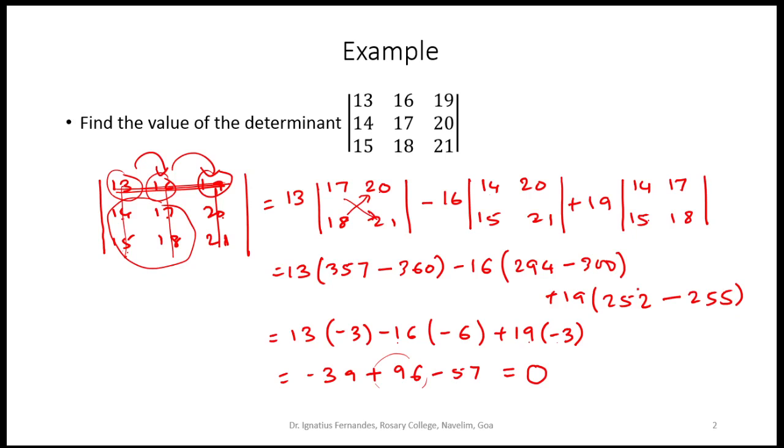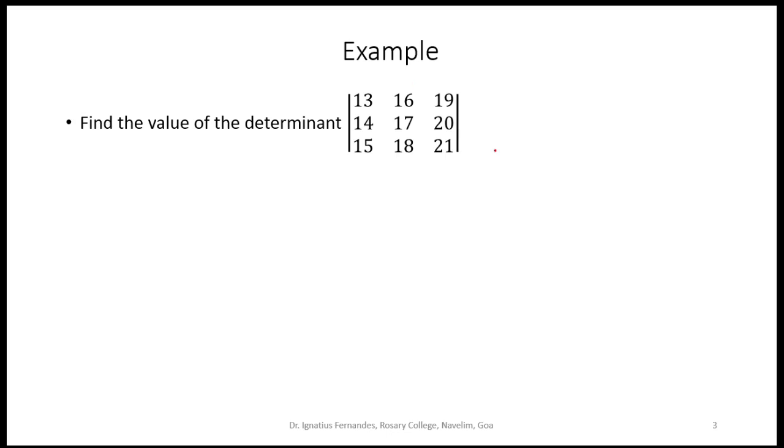If I go by the properties, let us say I have R1 here, R2 here, R3 here, and this is column 1, column 2 and column 3. The last property that we discussed in the previous module is that whatever arithmetic we carry out between the corresponding elements of rows and columns, the value of the determinant remains the same.